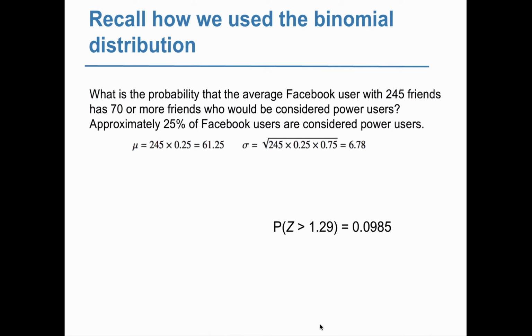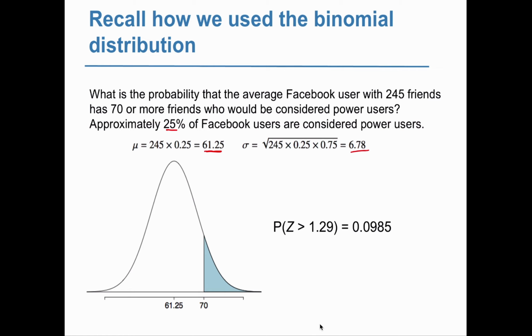What is the probability that the average Facebook user with 245 friends has 70 or more friends who would be considered power users? Approximately 25% of Facebook users are power users, so the probability of being a power user is 0.25. The mean of this distribution, the average user, is going to have 61.25 friends who are power users with a standard deviation of 6.8.